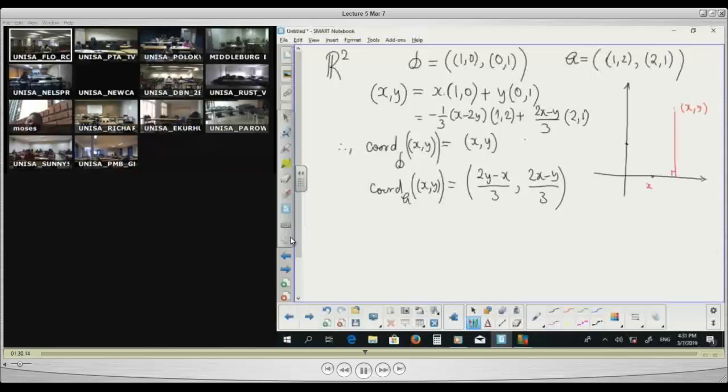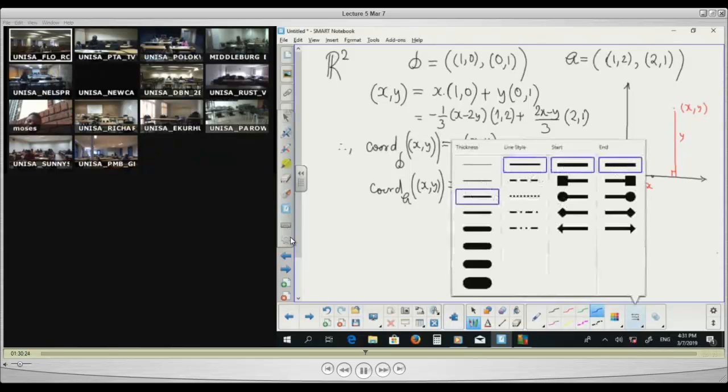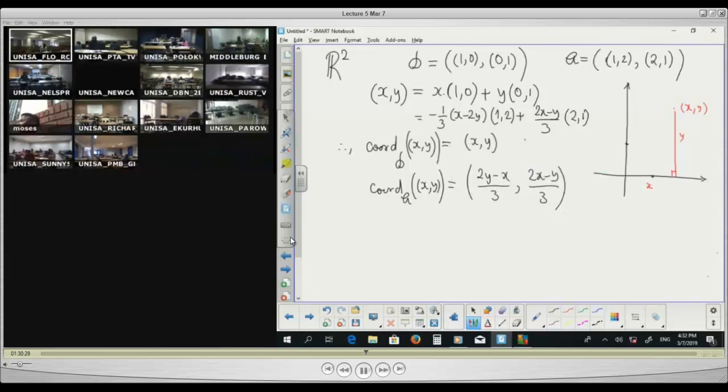You could take a coordinate frame like this, with (1, 2) and (2, 1). (1, 2) is somewhere here.